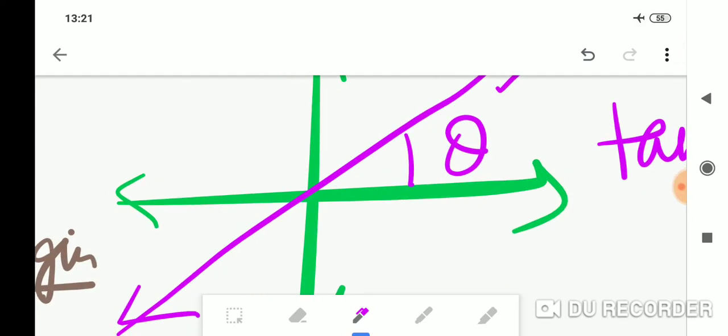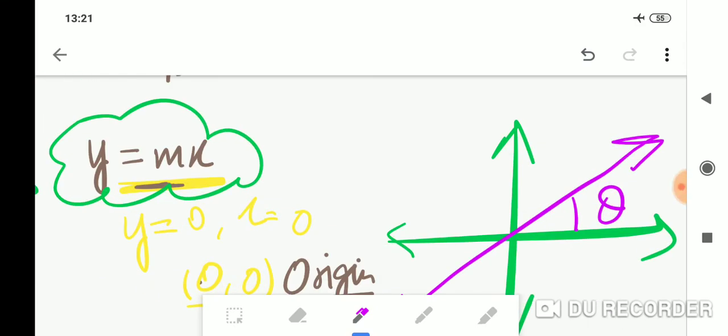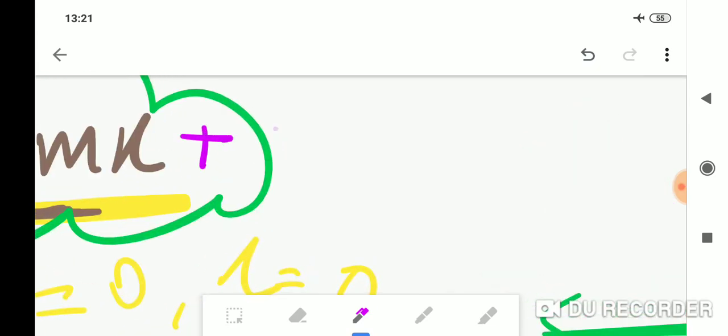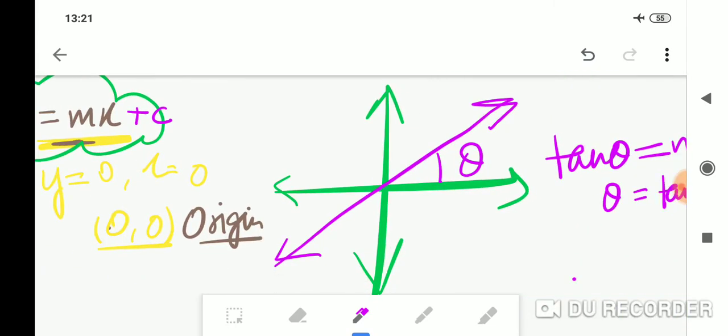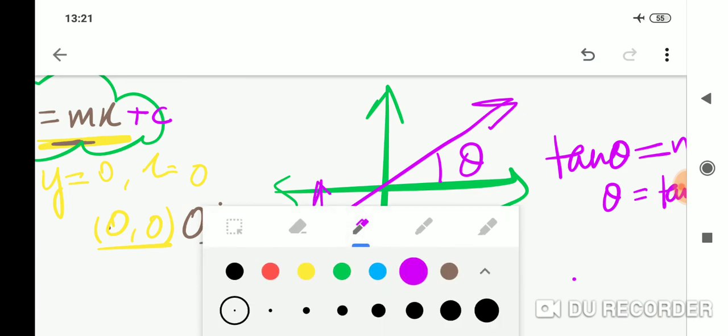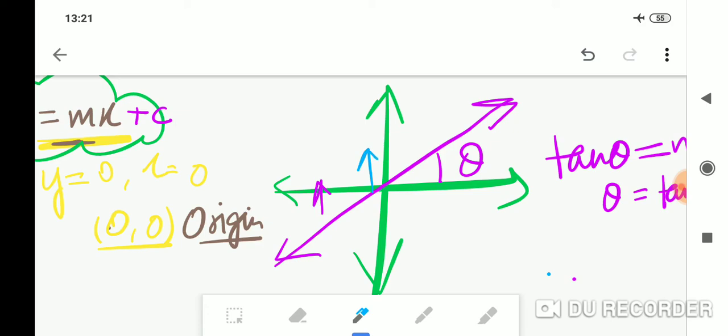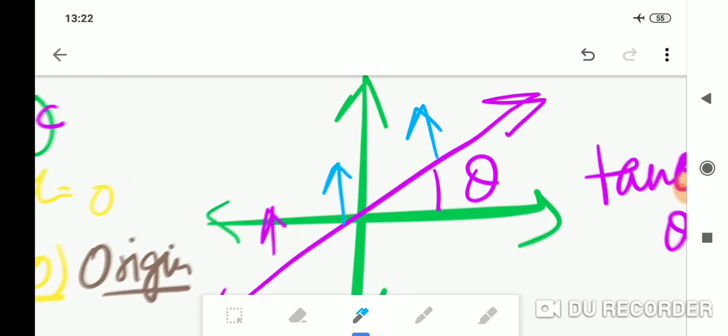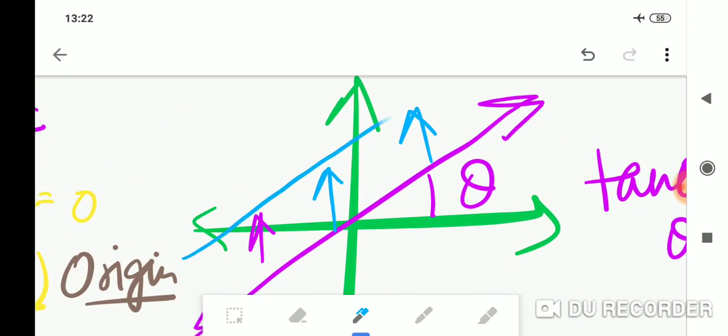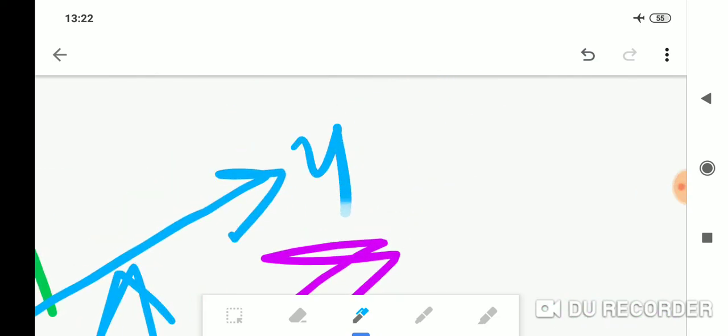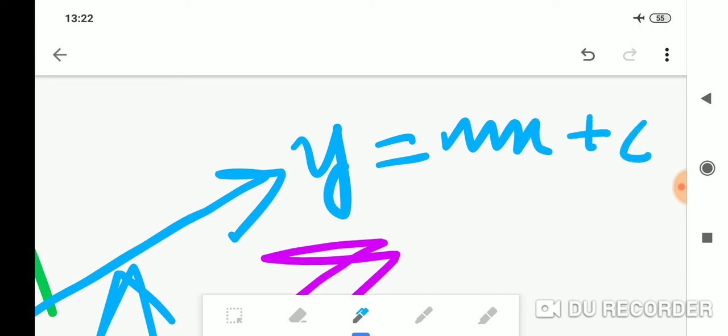Now, as I have already discussed, adding a positive term c will shift the graph upwards. So this line, which runs parallel to the previous graph y equal to mx, is the graph of y equal to mx plus c. Is it clear?